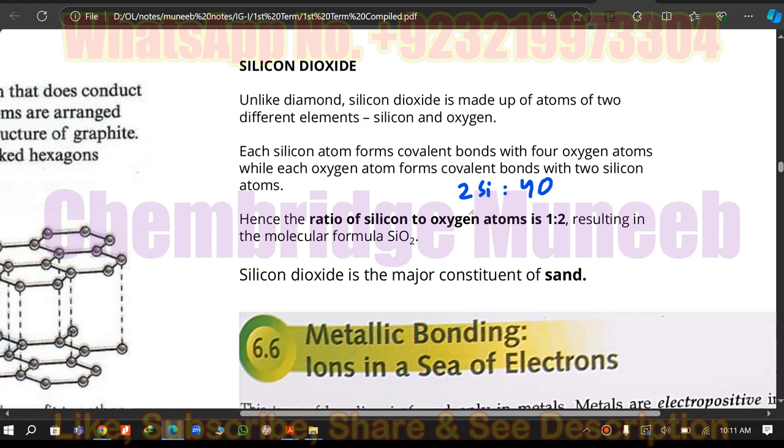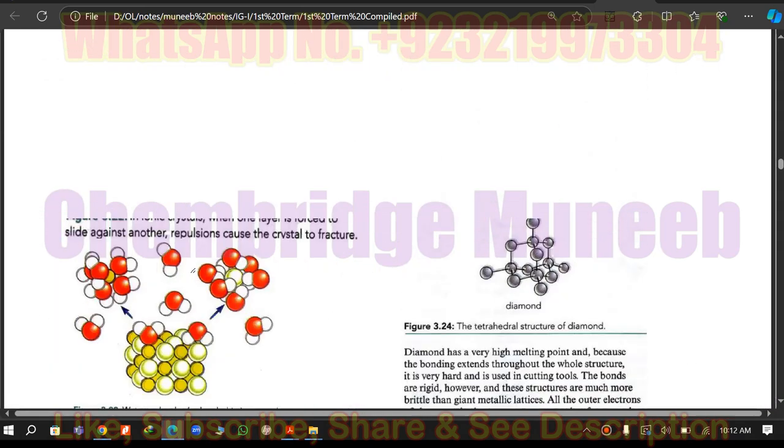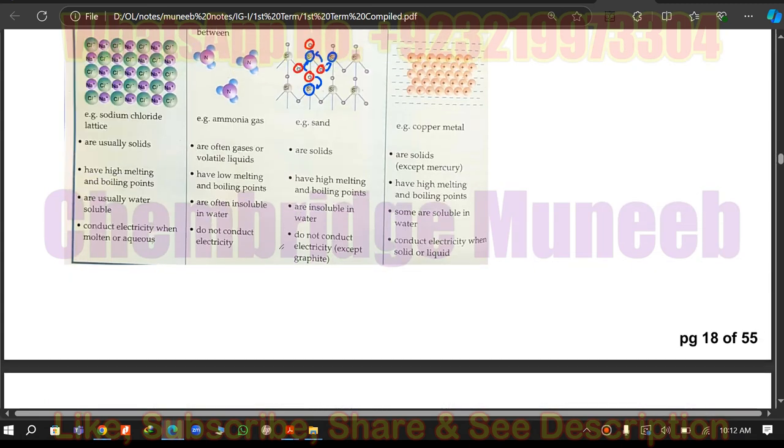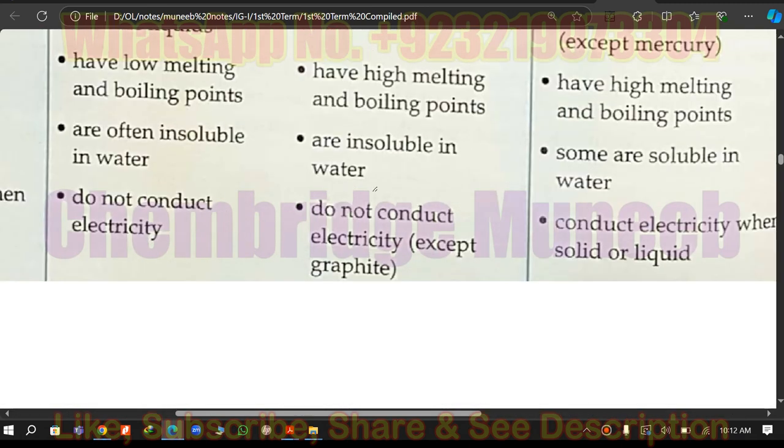So the simple ratio becomes Si to 2 oxygen atoms, or in other words 1:2. That's why we always write it as SiO2, because for every 2 silicon atoms there are 4 oxygen atoms. So that's why the ratio is 1:2, or the formula is SiO2. And another property of silicon oxide is that it has a very high melting and boiling point.